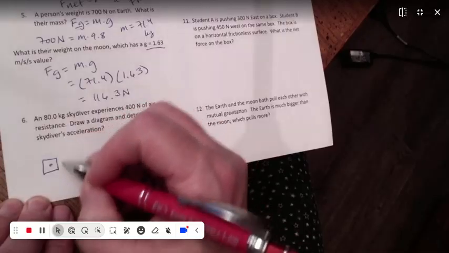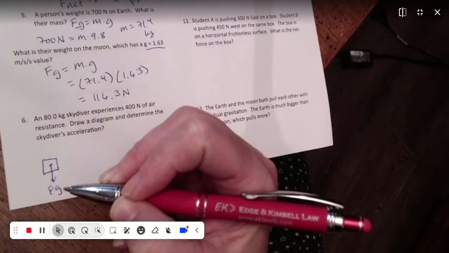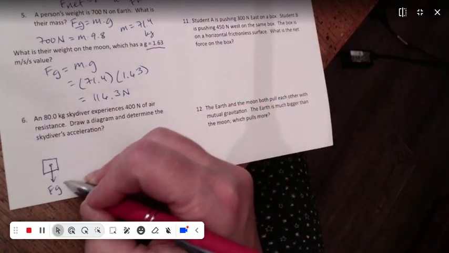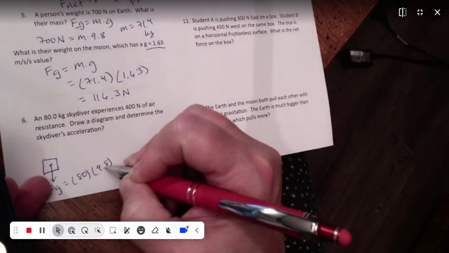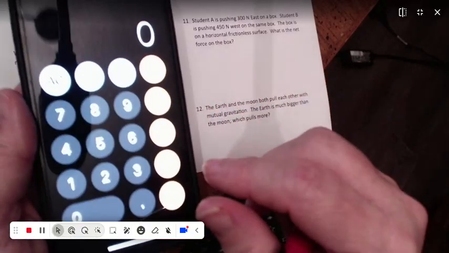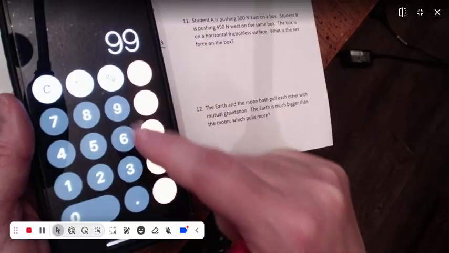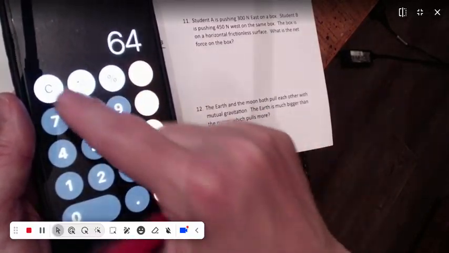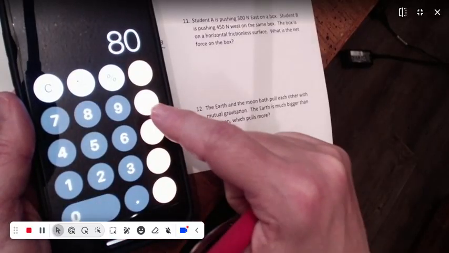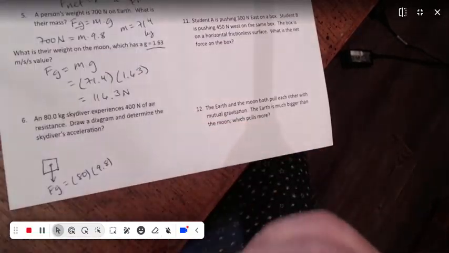They're an 80 kilogram skydiver, so that means they've got a force of gravity of 80 times 9.8, just m times g again. Remember, we've done that a lot of times now because we always start with that. Whoops. 80 times 9.8 equals, no, times, that's why I don't like using my phone calculator, 784 newtons, okay.